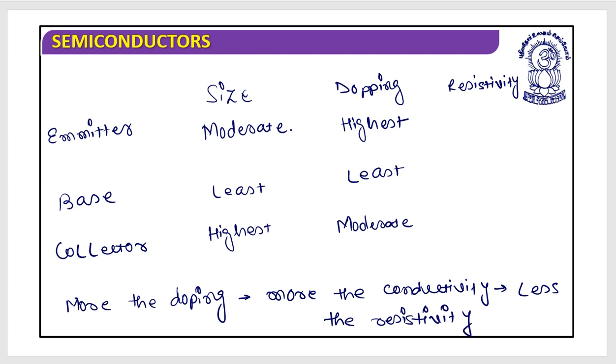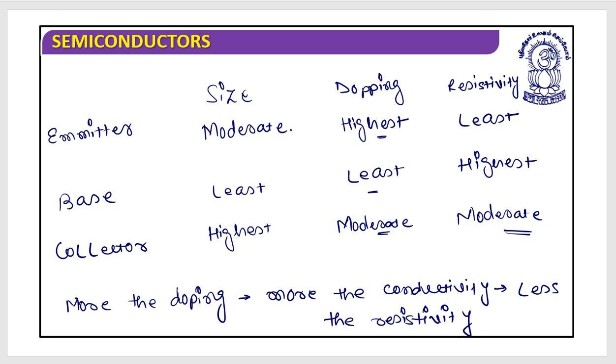So the emitter, as it has the highest doping, has the least resistivity. Base is least doped, so it has the highest resistivity. And the collector, as it is moderately doped, has moderate resistivity when we compare these three.